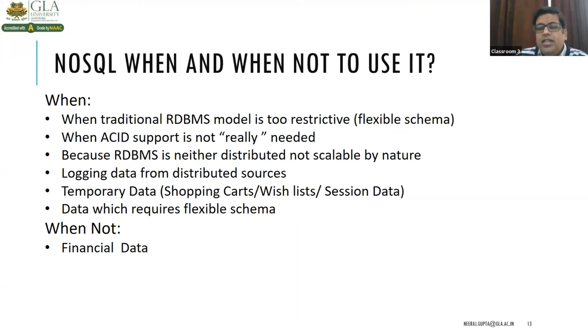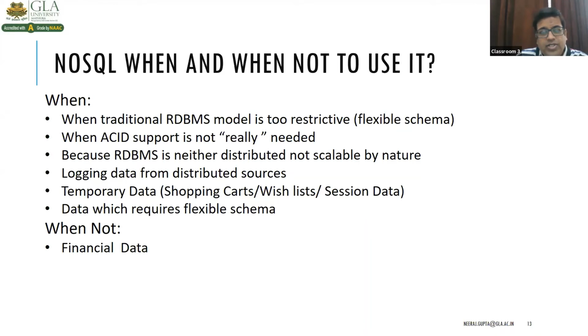Financial data, right? Because financial data requires what? Consistency. Yes, right. So for financial data we have the trade-off. Trade-off means financial data must be consistent.